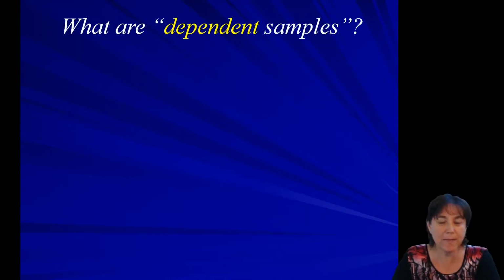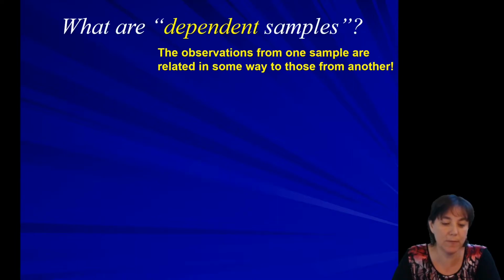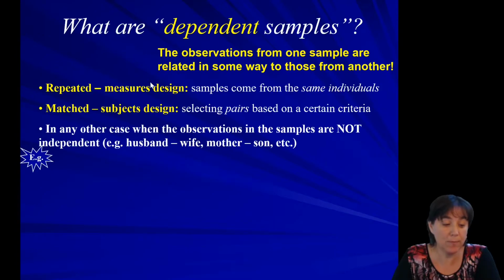Let's begin by stating what are dependent samples. Well, if you have observation from one sample that's related in some way to another, then you have dependent samples.